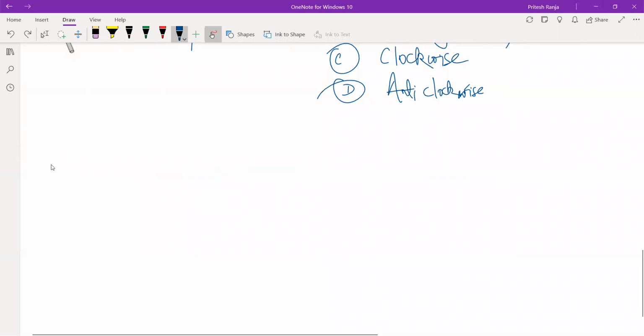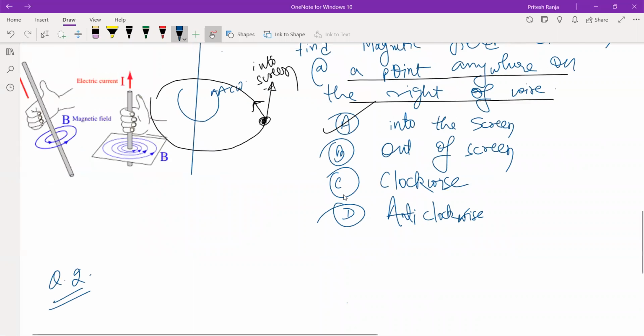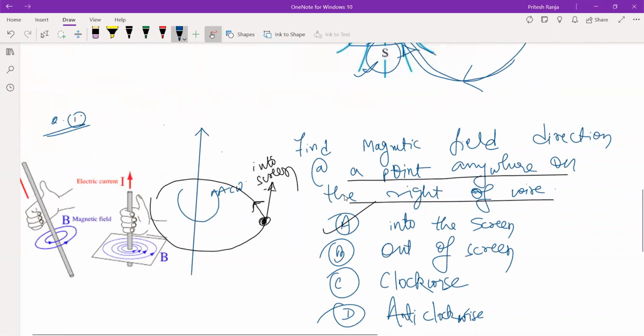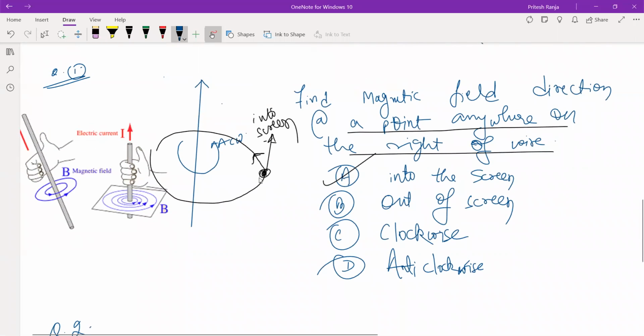Okay, one more question we'll do then. At any point on the wire, if you use the right hand thumb rule, the magnetic field is in this direction. So that means it is anti-clockwise. Are you able to get this? Magnetic field is anti-clockwise.